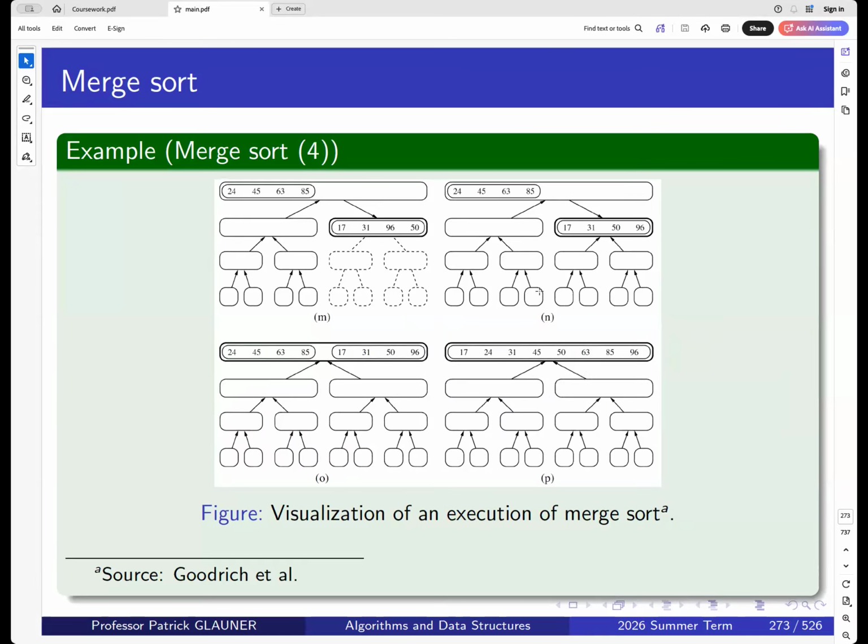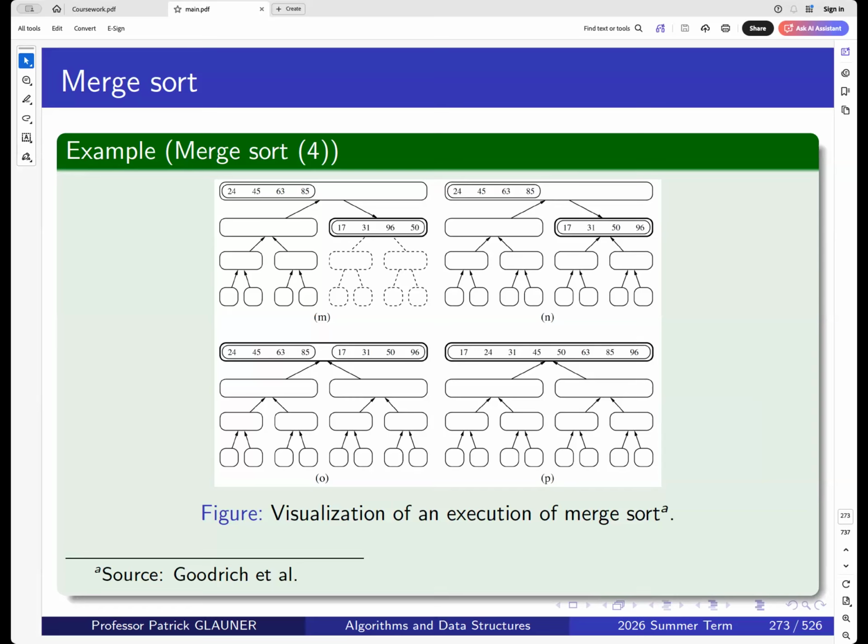And when we assume we do the same procedure, we will have 17, 31, 50, and 96. And now we need to merge this sorted one and this sorted one together. And I will get 17, 24, 31, 45, 50, 63, 85, 96.